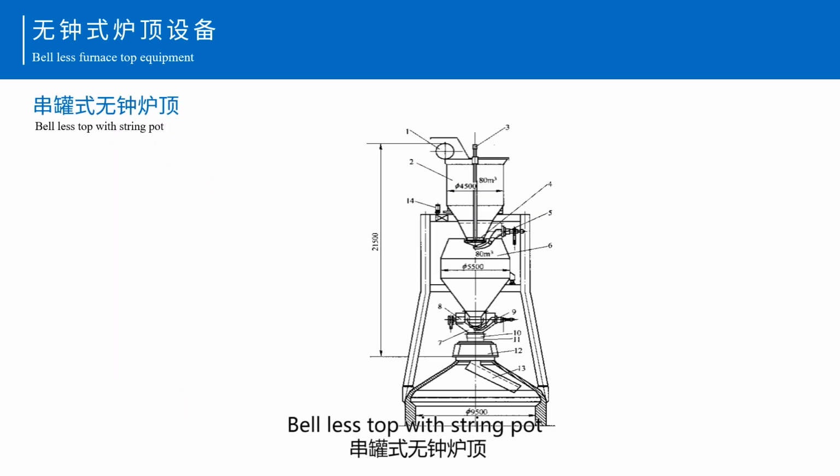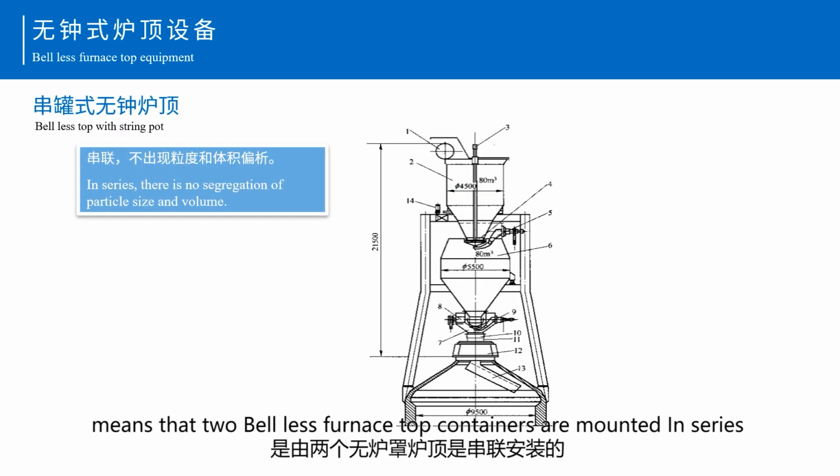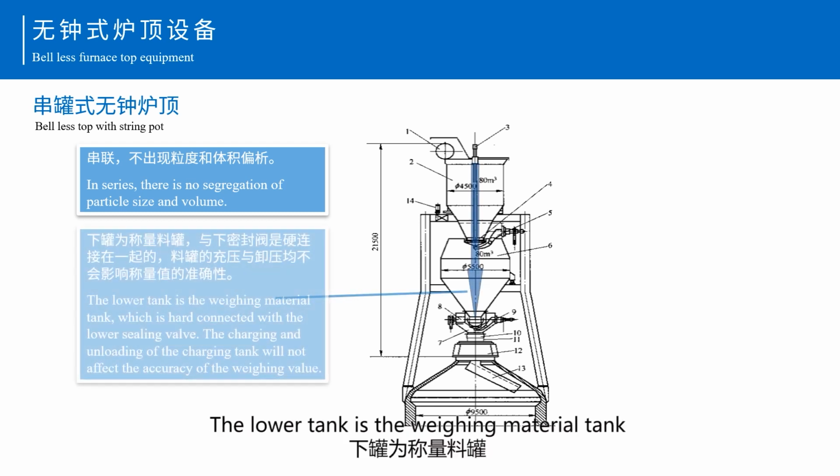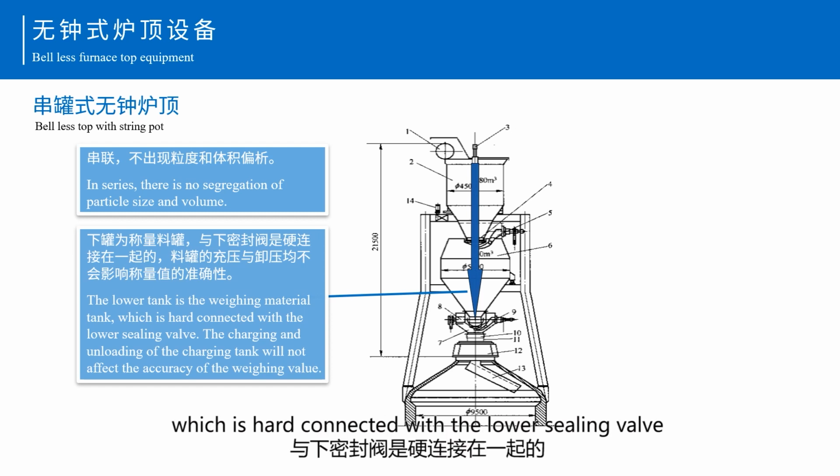Bell-less top with string port means that two bell-less furnace top containers are mounted in series. There is no segregation of particle size and volume. The lower tank is the weighing material tank, which is hard connected with the lower sealing valve.